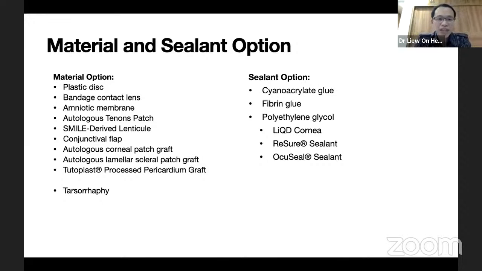Usually the plastic and bandage contact lens go with the cyanoacrylate glue. The rest of the tissue grafts and patch grafts go with the fibrin glue. On very rare occasions we use polyethylene glycol, but only for small perforations. Tarsorrhaphy may be done to stabilize the sealing of the cornea.